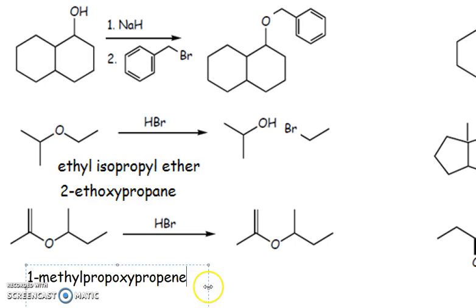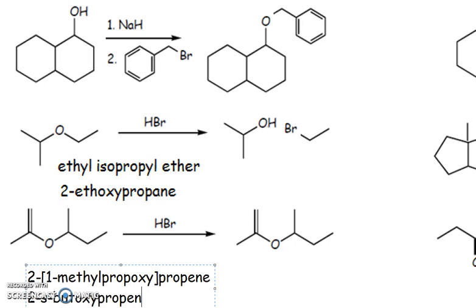But that's on the number 2 carbon, so we have to put a bracket in here and a bracket here and make that on the number 2 carbon. So that would be 2-(1-methylpropoxy)propene, or another way we could do it using the sec-butyl idea, we can say 2-sec-butoxypropene.